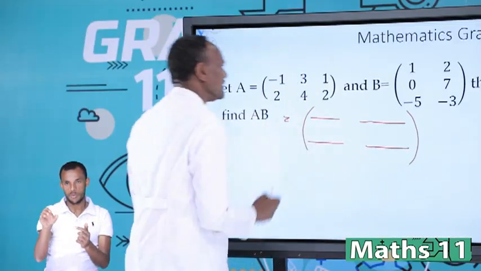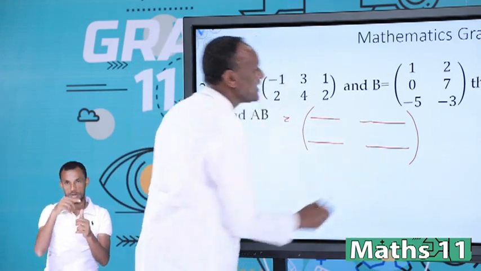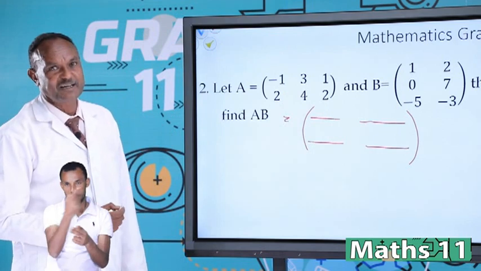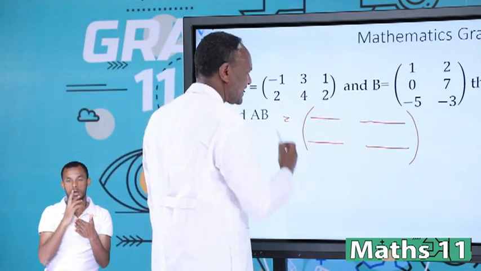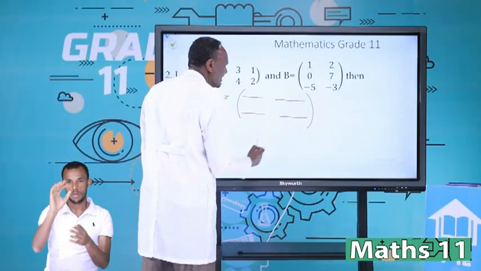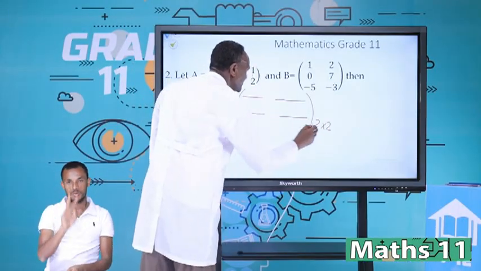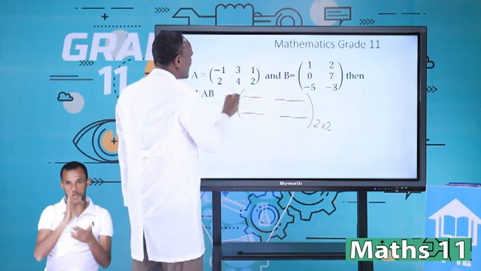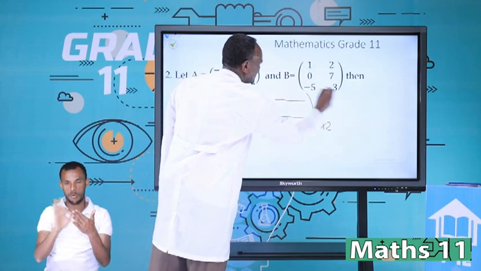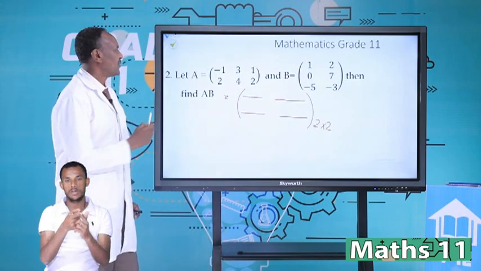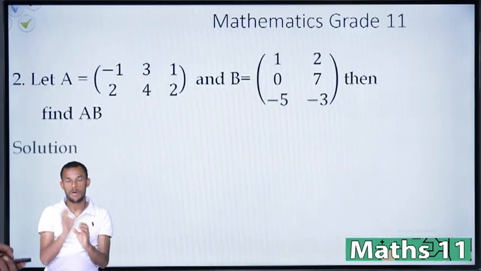So each row of the first matrix is multiplied by each column of the second matrix B. So you will have a matrix of size 2 by 2, which is the number of rows of the first matrix by the number of columns of the second matrix. What are these values?